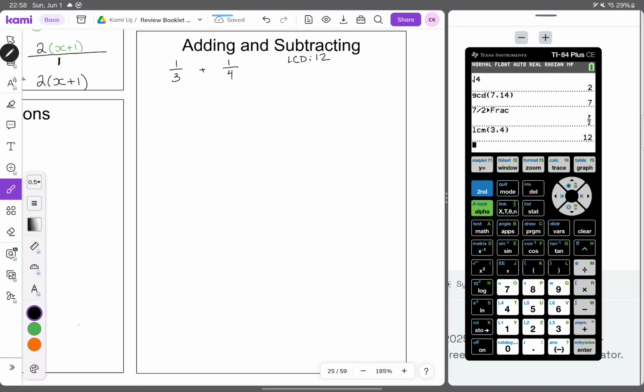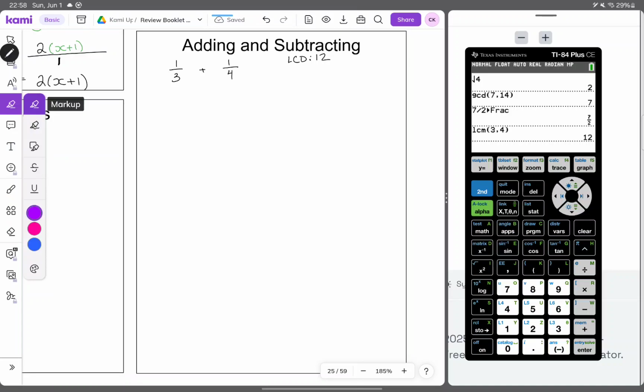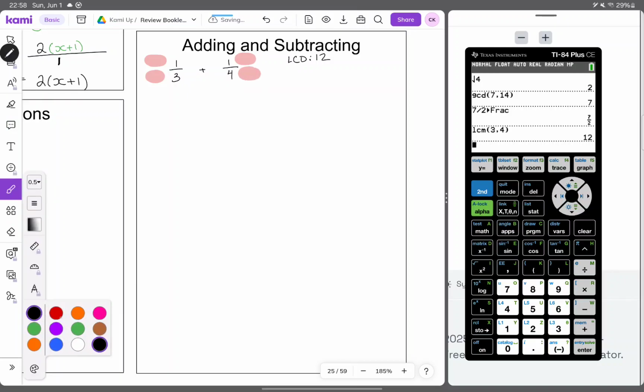So we need to ask ourselves, what do I have to multiply each of these denominators by in order to get that lowest common multiple? And whatever I multiply the denominator by, I need to also multiply the numerator by that. So 4 times by what gives me 12? Well, 4 times by 3. 3 times by what gives me 12?